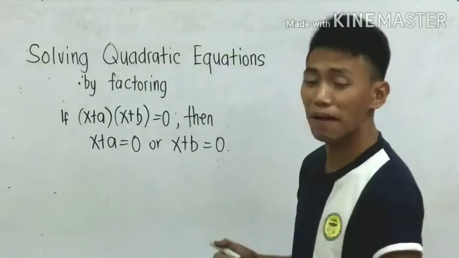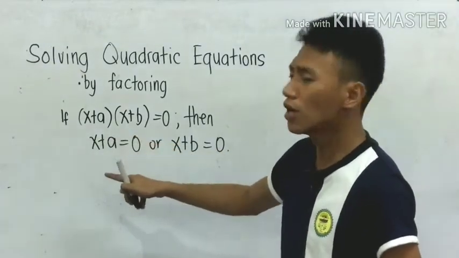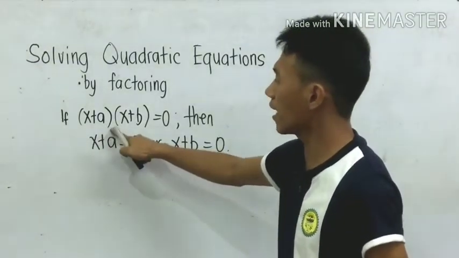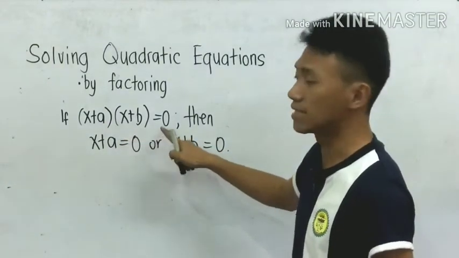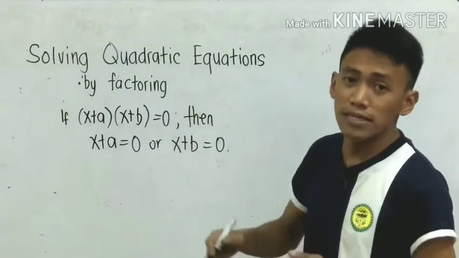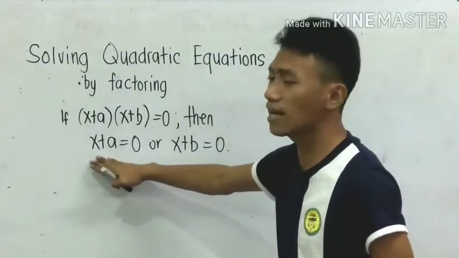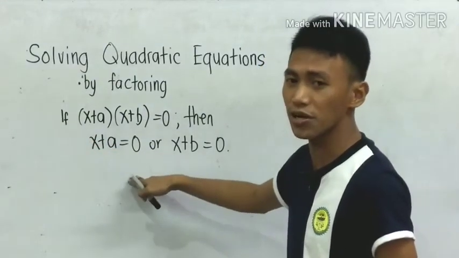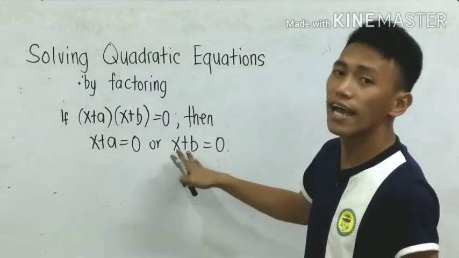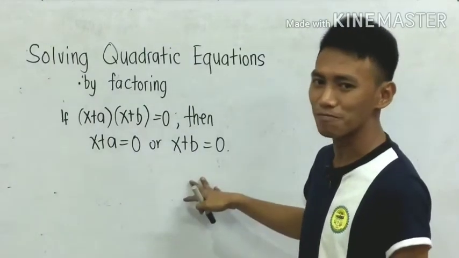Pwede niyo ma-expand ang equation in this form of x plus a times x plus b is equal to 0. Since by that, igawas nimo ang isa ka factor, x plus a is equal to 0, and the other factor, x plus b is equal to 0.